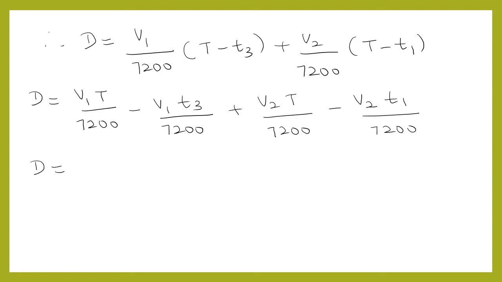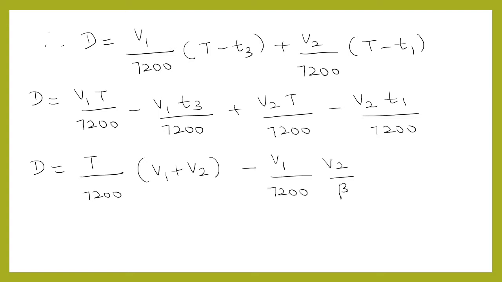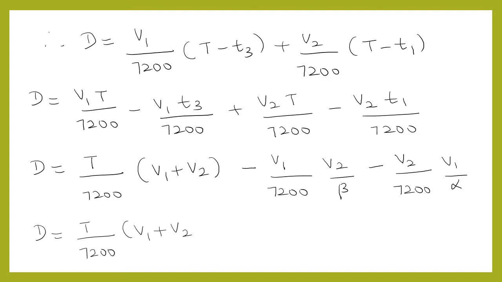So D is equal to T by 7200 into V1 plus V2 minus V1 by 7200 into V2 by beta minus V2 by 7200 into V1 by alpha, that is D is equal to T by 7200 into V1 plus V2 minus V1 V2 by 7200 beta minus V1 V2 by 7200 alpha.